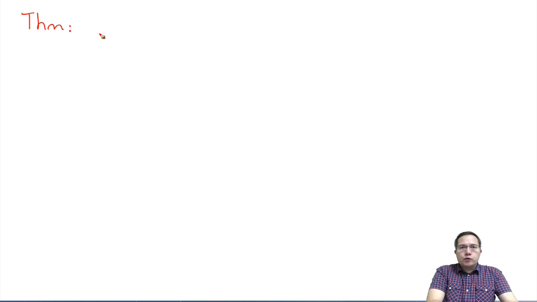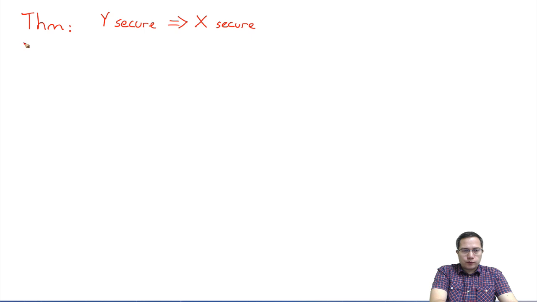We are going to prove some scheme X is secure as long as some, let's say, assumption Y holds. So I will write this simply as: if Y is secure according to some proper definition, then this implies X is secure. So this is the type of theorem we are going to prove.